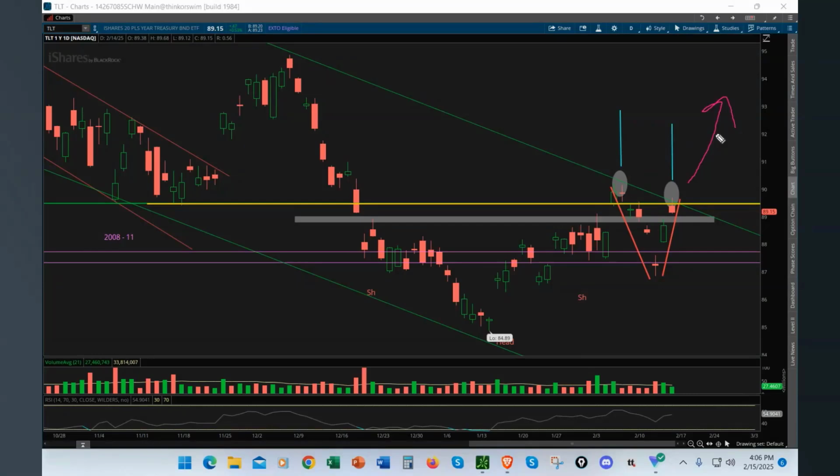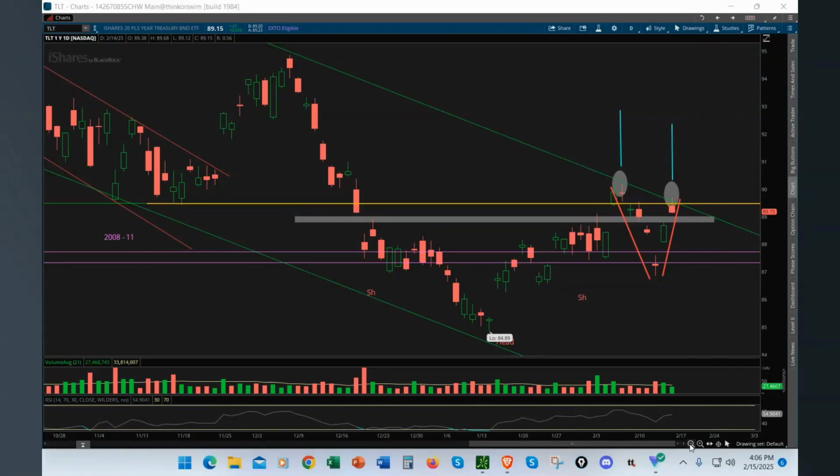And I use the word probably, I guess, a little loosely because anything can happen, but it does suggest that historically that is the likely outcome for this particular auction. So I'm paying attention to this. I do believe that because it's another significant test of this zone from 2008, 2011.